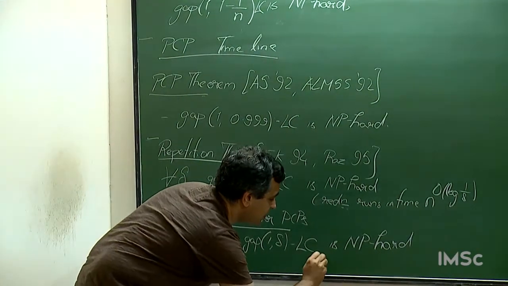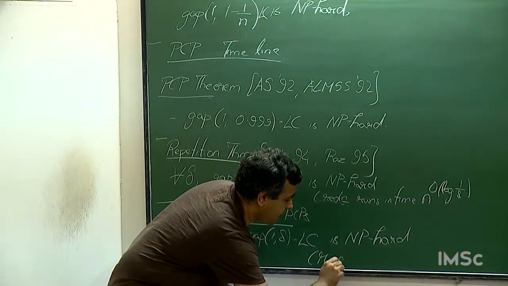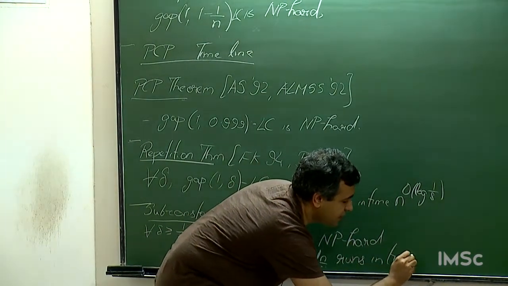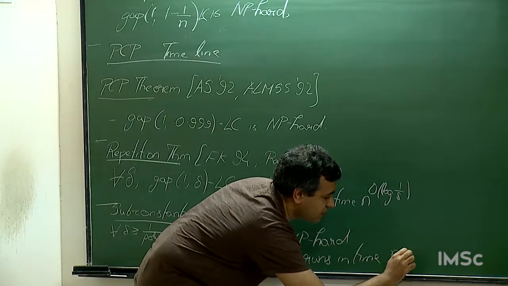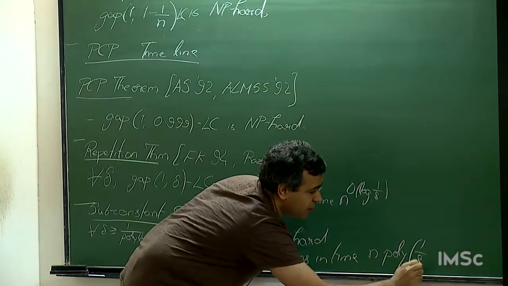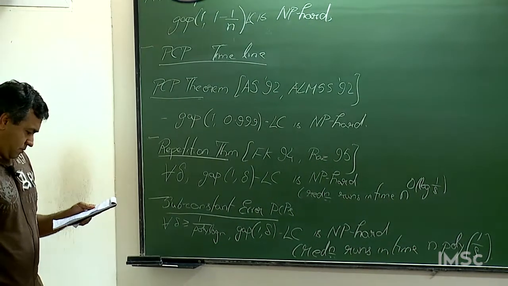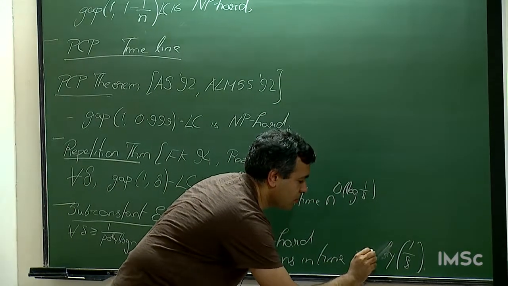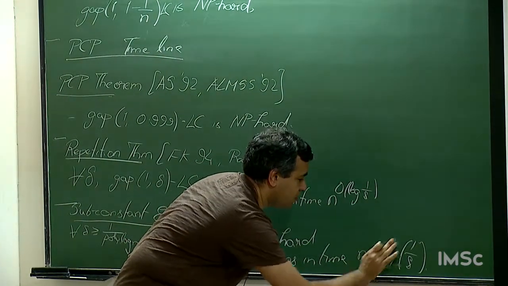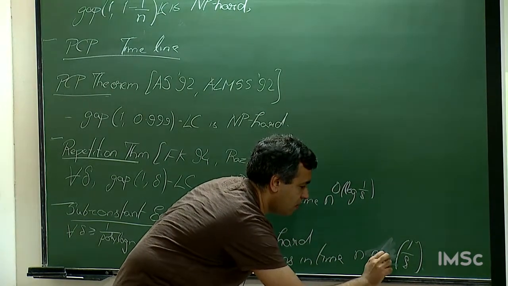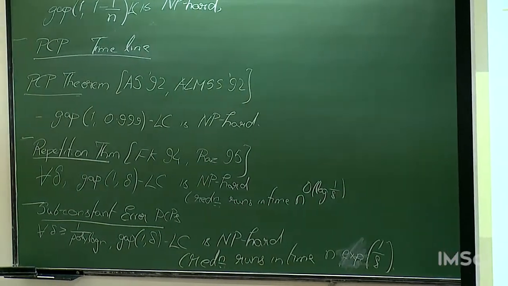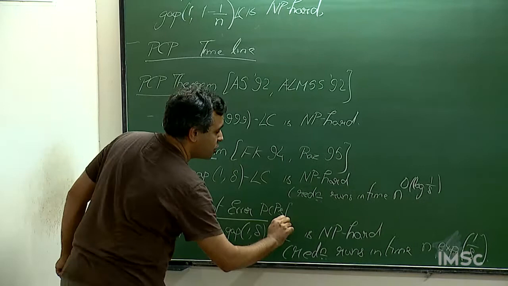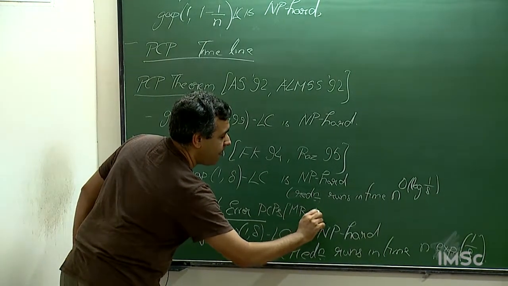In fact, the reduction runs in time n times poly 1 over delta. Can everybody read this? This is a theorem due to Moshkowitz and Raz from 2008.